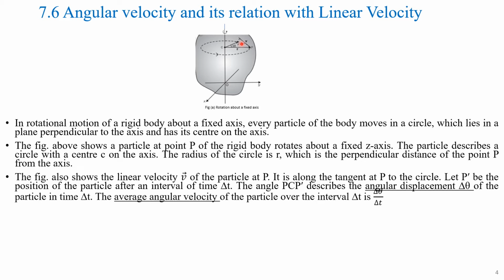The average angular velocity of this particle over the time interval delta t is given by delta theta by delta t. So average angular velocity, please remember, is the ratio of delta theta by delta t.